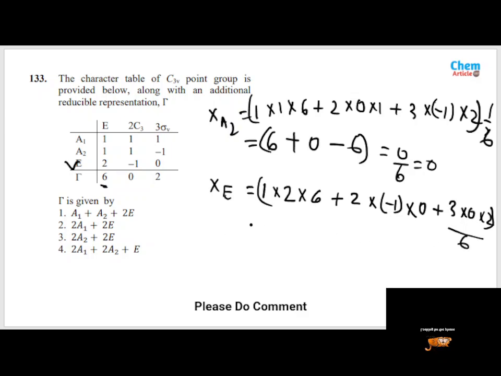So 12 plus 0 plus 0, that is 12 by 6, which is 2.